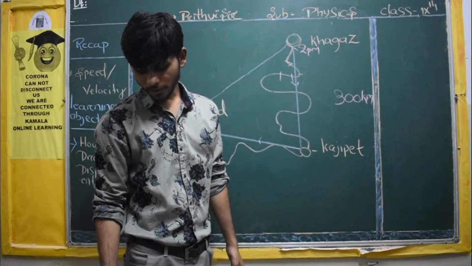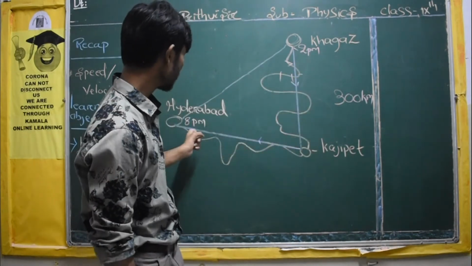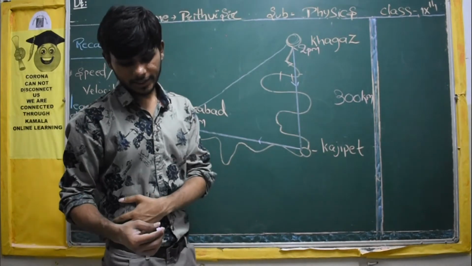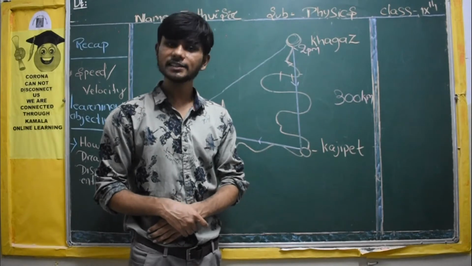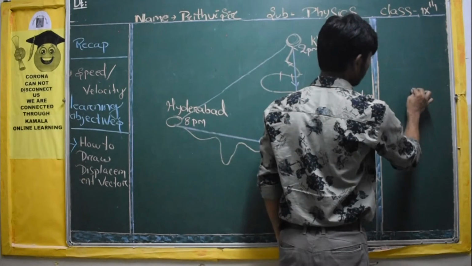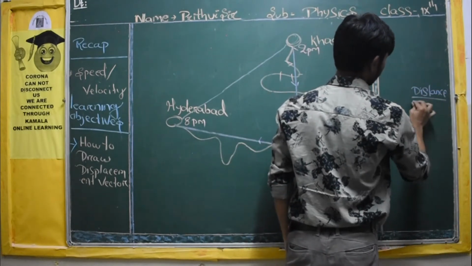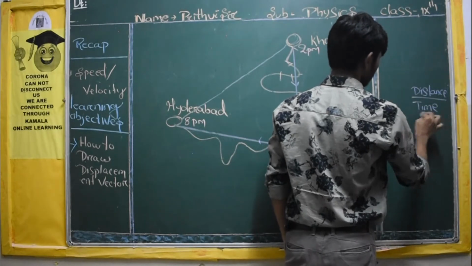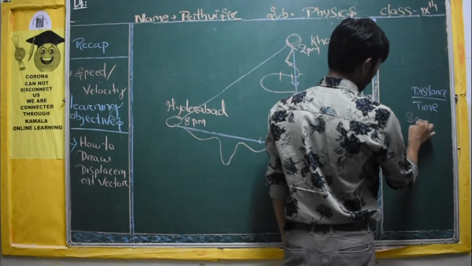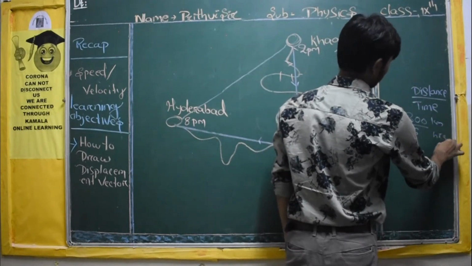So what will we learn here, students? The distance is 300 km and it took the entire 6 hours. Now, can we say that the train has covered exactly 50 km in each hour? Now we divide total distance covered by time, which is 300 km by 6 hours.